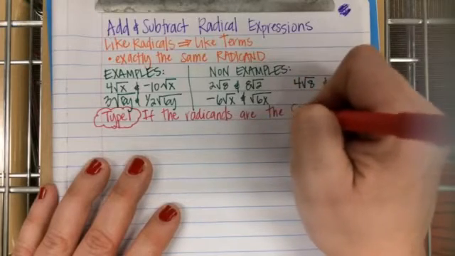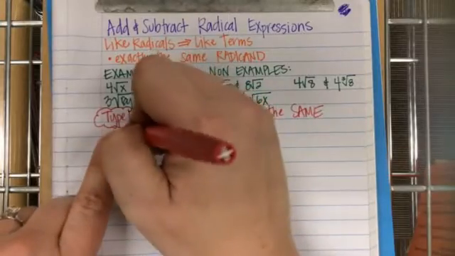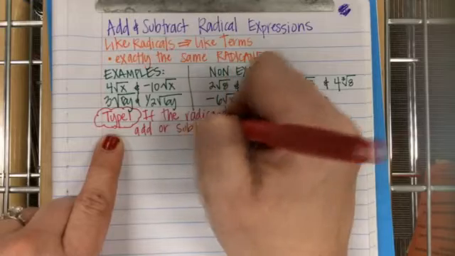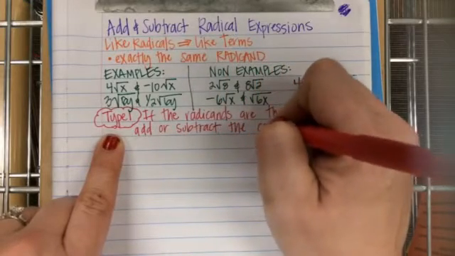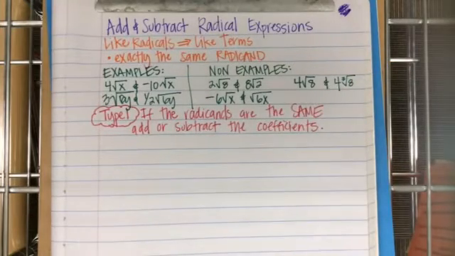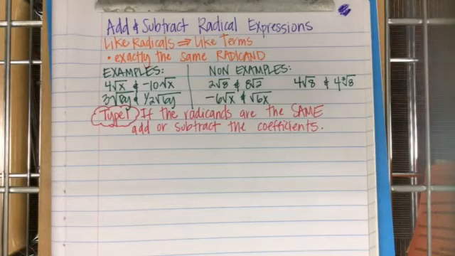If the radicands are the same, add or subtract the coefficients. If the radicands are the same, you just do the math. You add or subtract the coefficients, and voila, you're done.